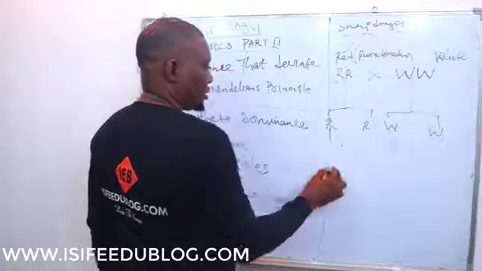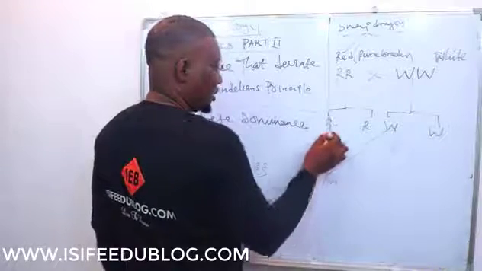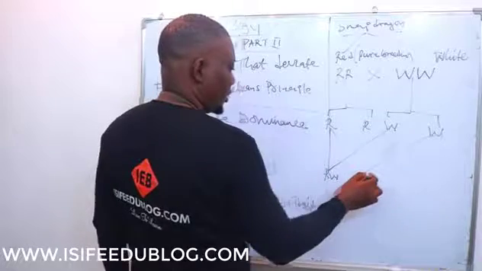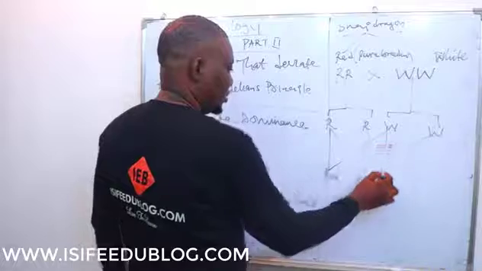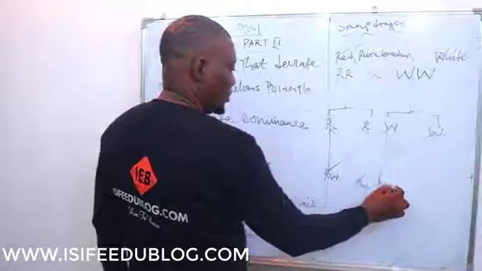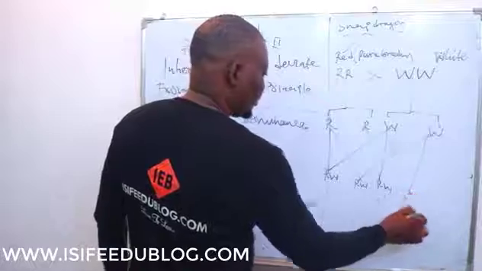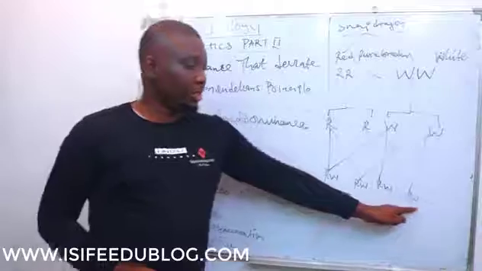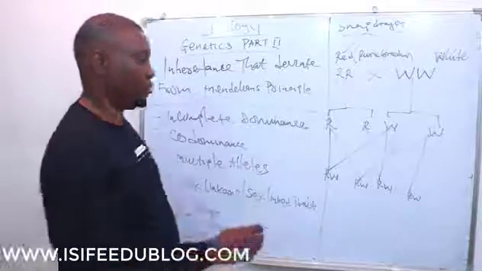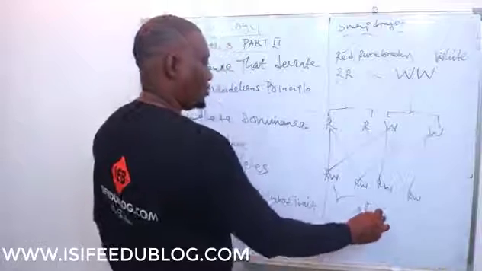But in the cross, this gives this genotype, the second outcome is this genotype, the third outcome is this genotype, and the fourth outcome is this genotype. To Mendel's surprise, all these offspring appear to be all pink.